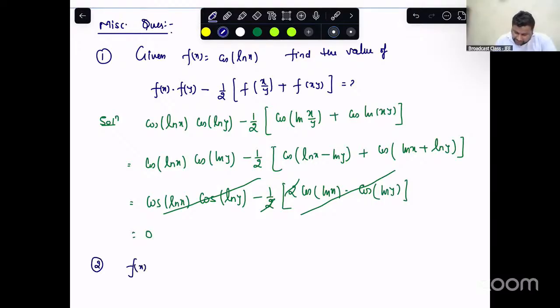Okay, write down another question. See, f(x) is given to you as 2x minus sin x. And g(x) is given to you as x to the power 1 by 3.